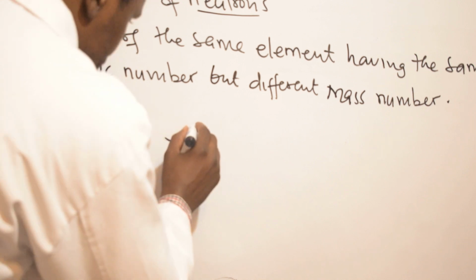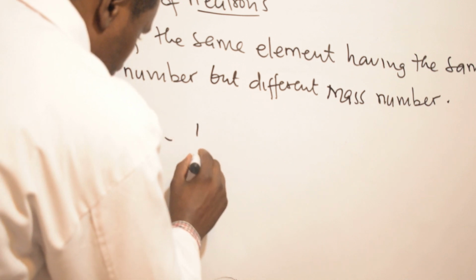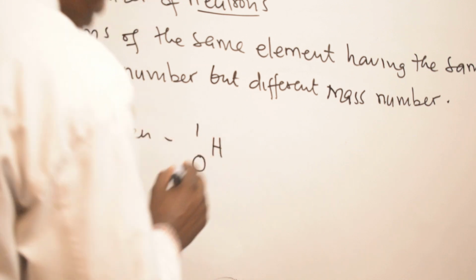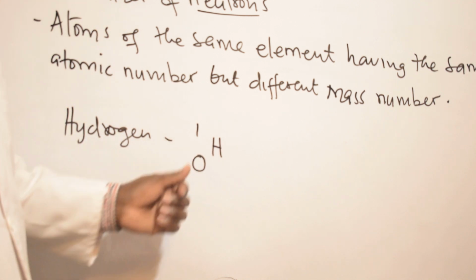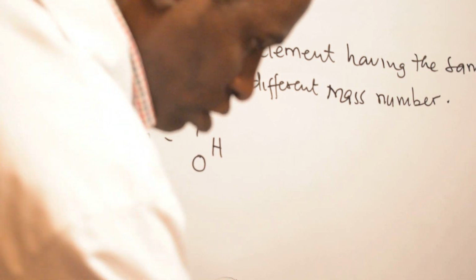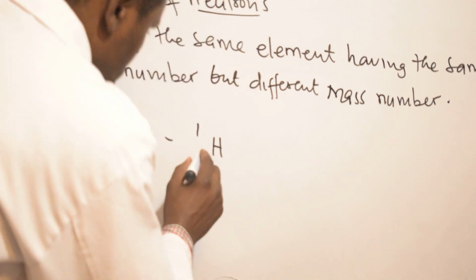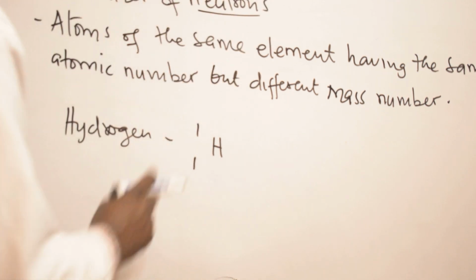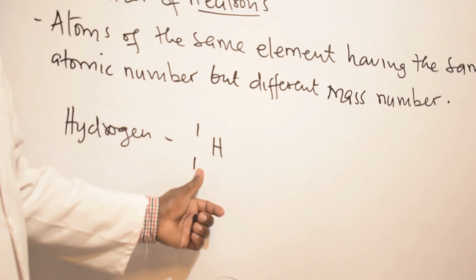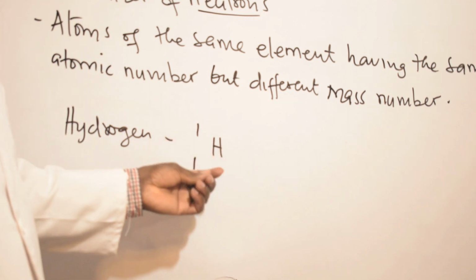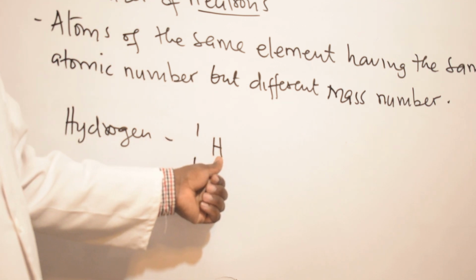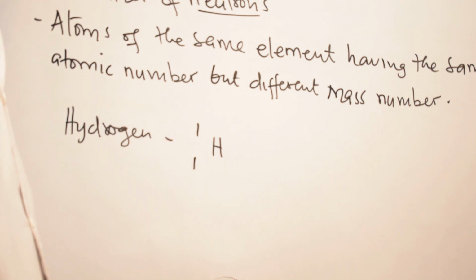One of them has a mass number of 1 and an atomic number of 1. What does that mean? How many neutrons do we find in this hydrogen 1?